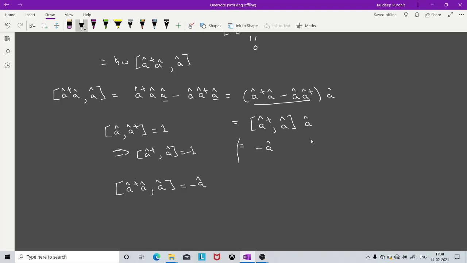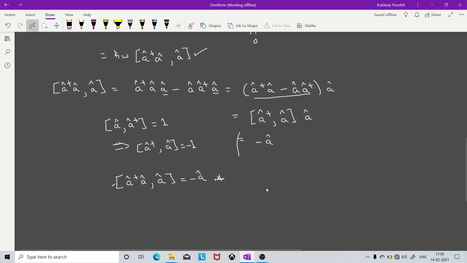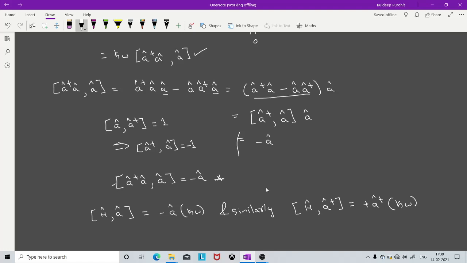So I will plug this quantity here. The commutator of the Hamiltonian operator with a will give you minus h cut omega times a. Similarly, you have to repeat the same thing: the commutator bracket of H with a dagger will give you plus h cut omega times a dagger.